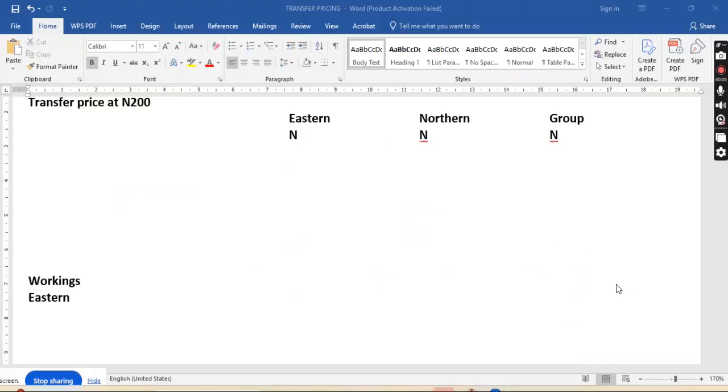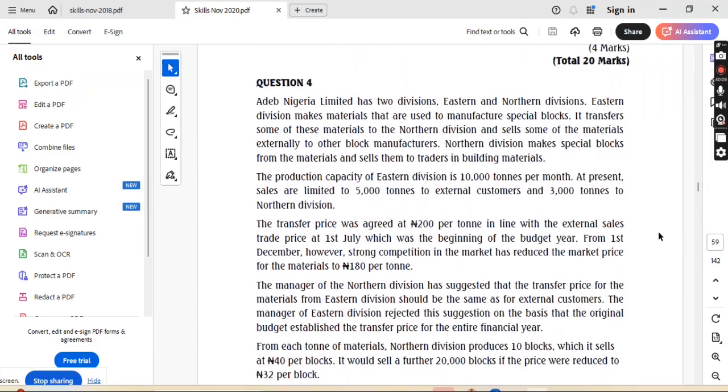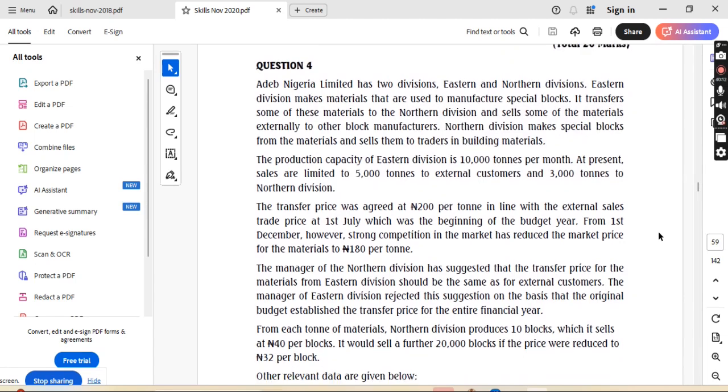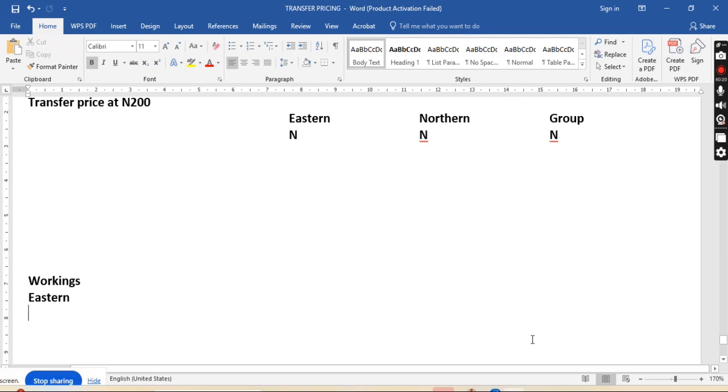Let's go back again. They have the capacity for 10,000 tons, right? 10,000 tons capacity.